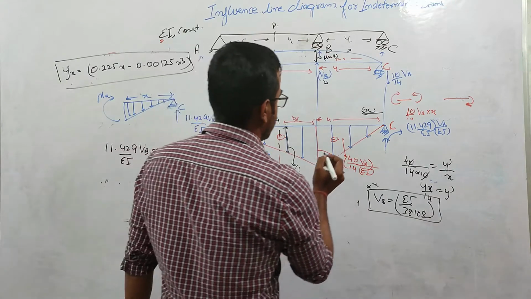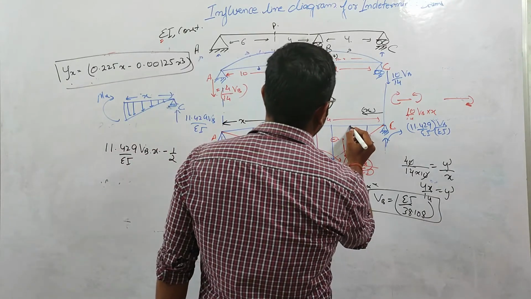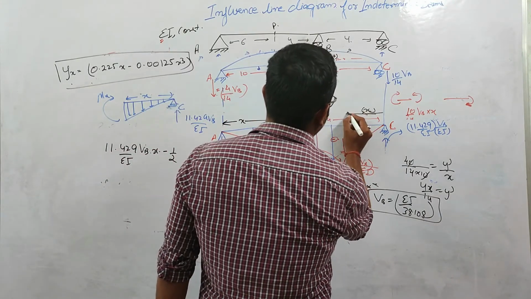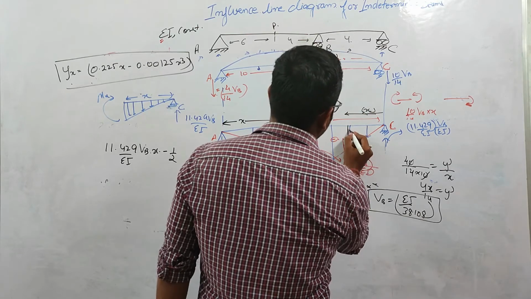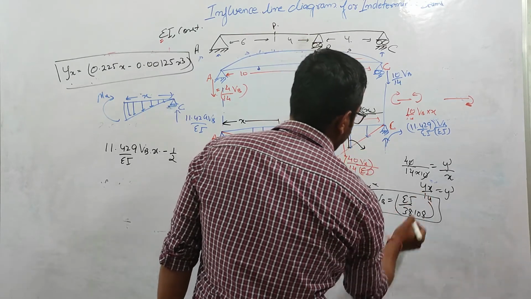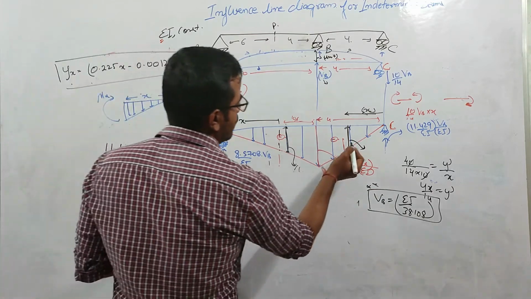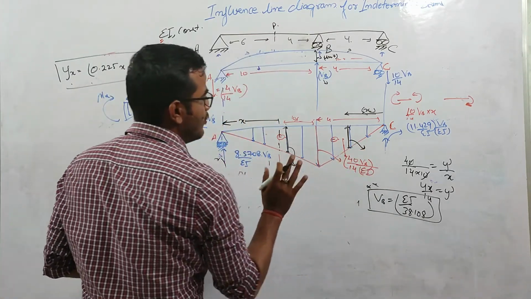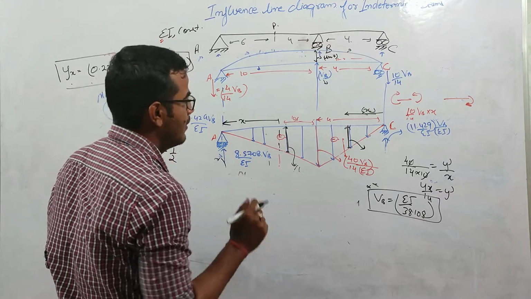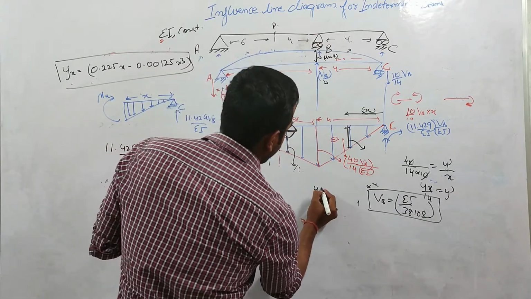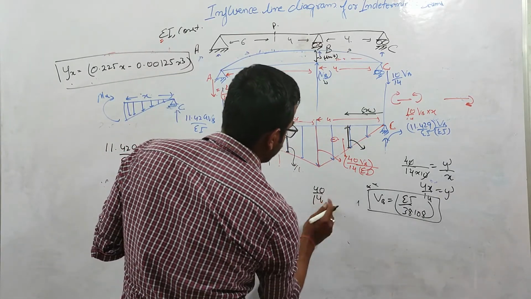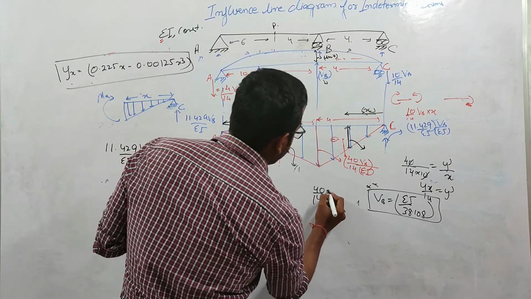This value will be at a distance, let us suppose at a distance of x, this value will again be equal to this 4x by 14. If you use the similar triangle, this value won't be 4x by 14. This value will be 40 by 14, because this distance is 40 by 14.